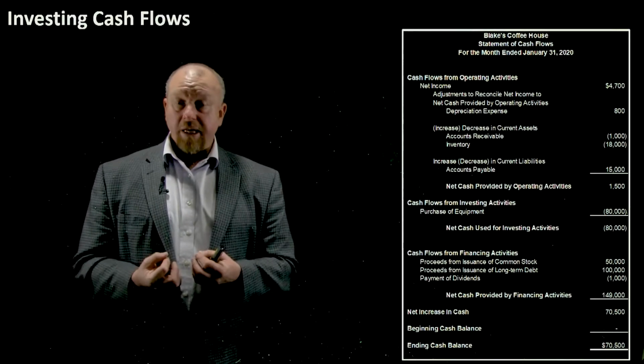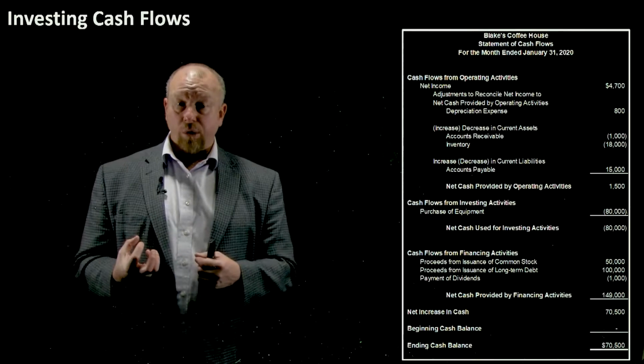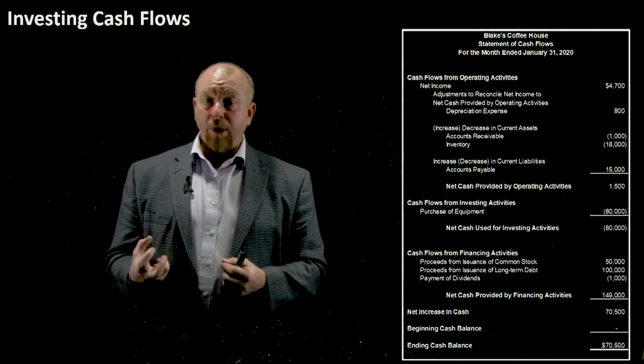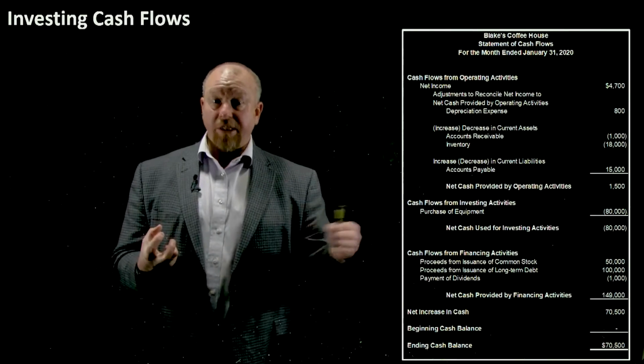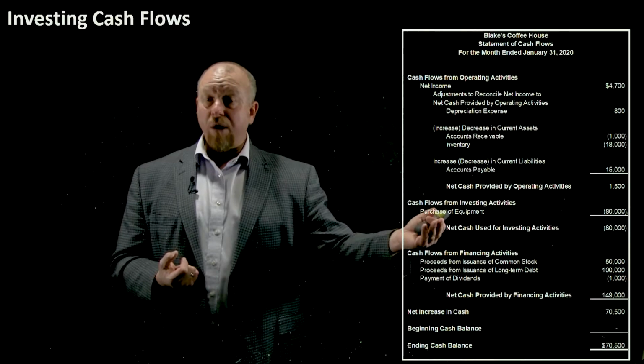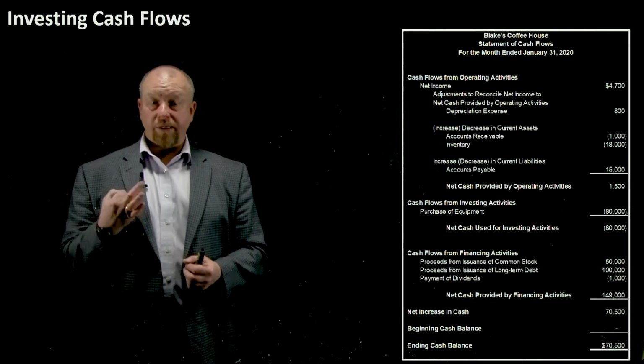And as long as that is a wise decision, if that's a good use of resources, if the company will be able to use this equipment to operate a successful business that generates positive operating cash flow, then this negative amount right here could easily be the sign of a healthy, growing business.